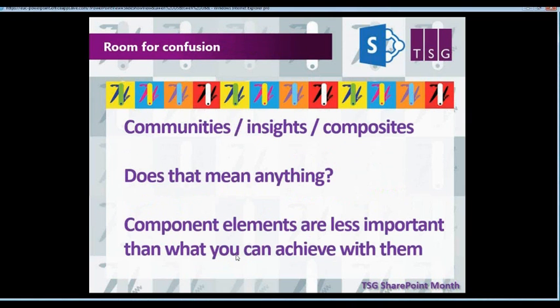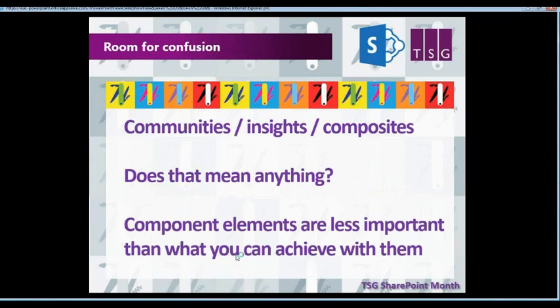So if you get really excited about SharePoint today, which I hope you will, and you trot off to Google and type in SharePoint and you go to the Microsoft site, unfortunately Microsoft quite often presents you with a wheel which I refer to as a Microsoft SharePoint wheel of confusion, because they talk about things like communities, insights, composites.